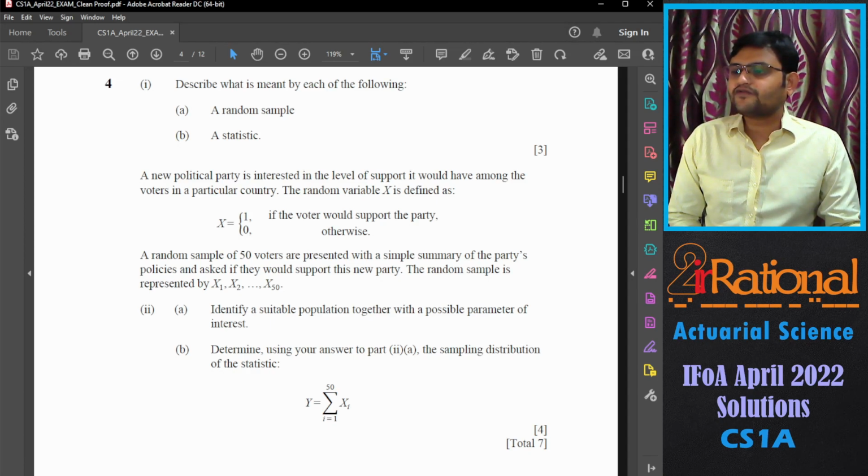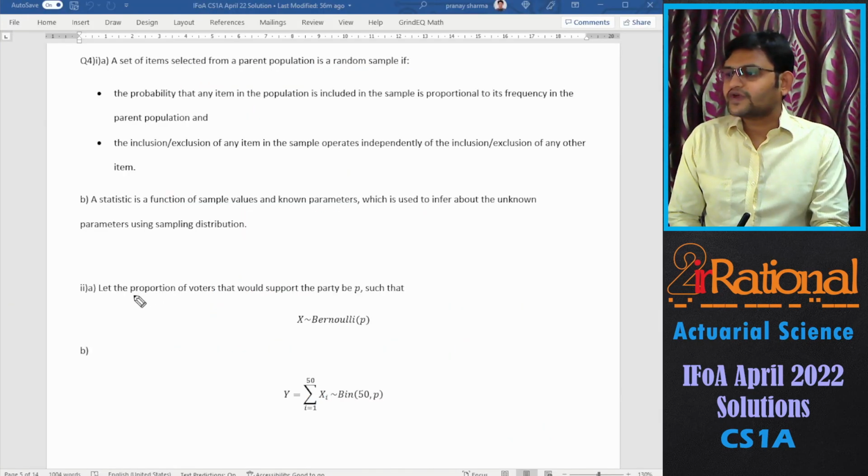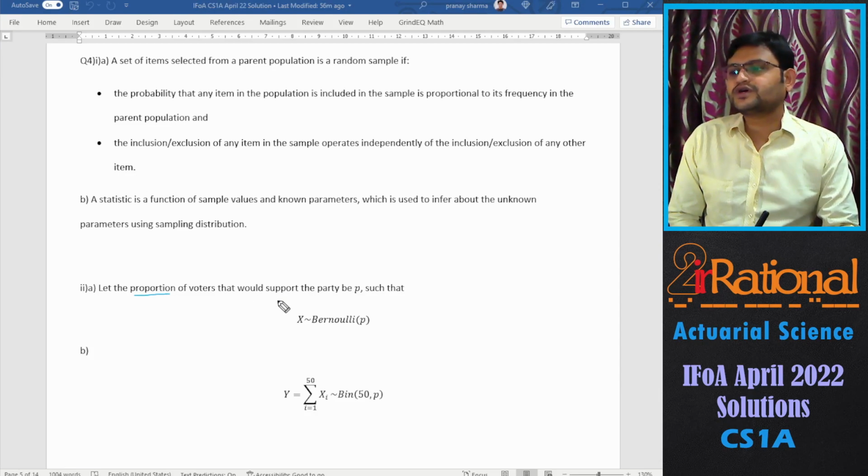Second A, identify a suitable population together with a possible parameter of interest. And B part, determine, using your answer to part 2a, the sampling distribution of the statistic y equal to summation of xi. We'll say let the proportion of voters that would support the party be p such that x follows Bernoulli p. And for the statistic we'll say y, that is summation of x, would follow nothing but a binomial distribution 50 comma p.